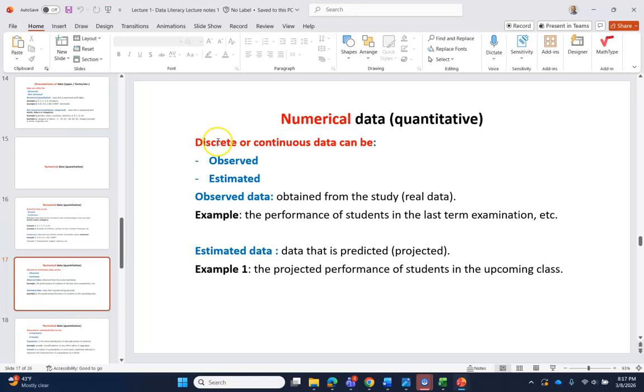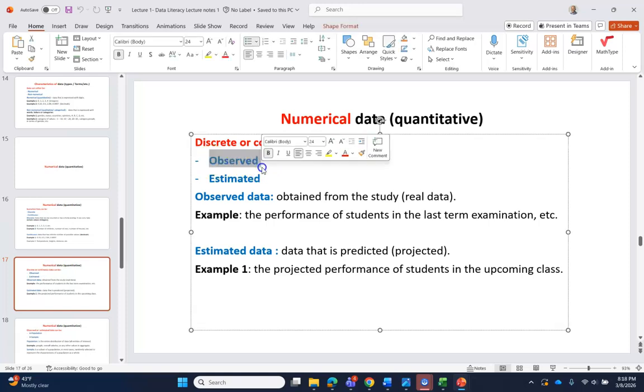So you may have discrete or continuous data. And it is important to ask, is your data observed or estimated? So when we are going to deal with numerical data, we will ask, what type of data do we have? Do we have observed data, or do we have to estimate our data?